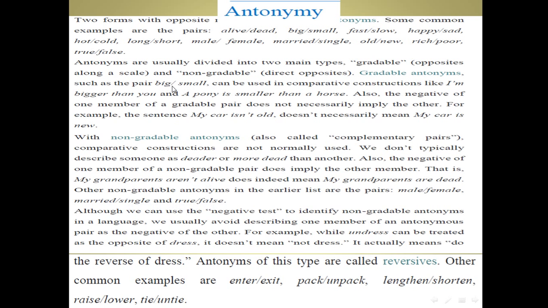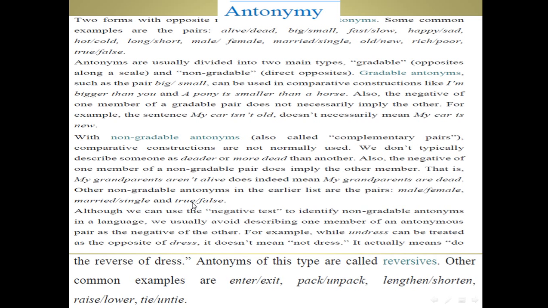Why gradable? We can have comparison between these two antonyms. For example, not very big, not very small, bigger, smaller. But with true and false, we cannot say very true or very false, or something between true and false, or more true and more false.